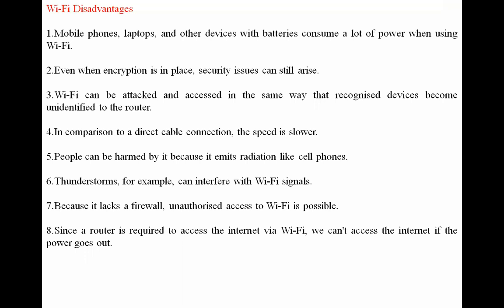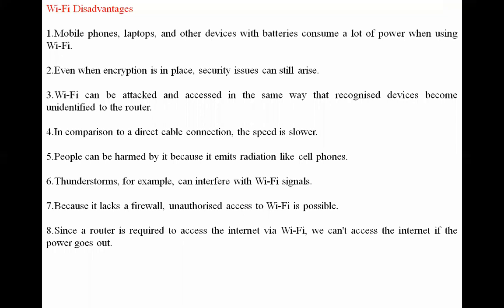We are connecting this Wi-Fi to different routers. One person is using it in a good way, another person is taking undue advantage of this Wi-Fi network. Any attack can happen. It is not that secure if an outsider is using it.